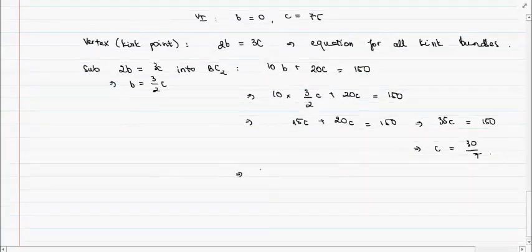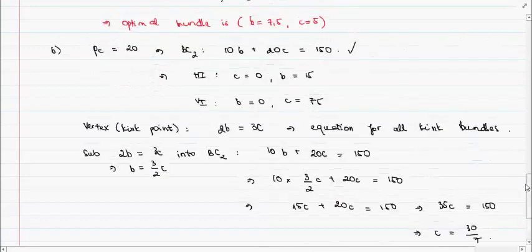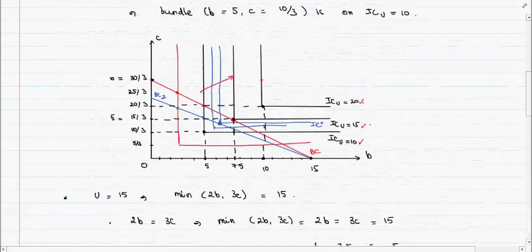Okay, and now with the value of C, I should be able to find B, which is 3 on 2 times C. And so that is 90 on 14, which is 45 on 7. Okay, so this is the value of B and C which is optimal given the new budget constraint. So I just have to indicate that on the diagram, which is here.